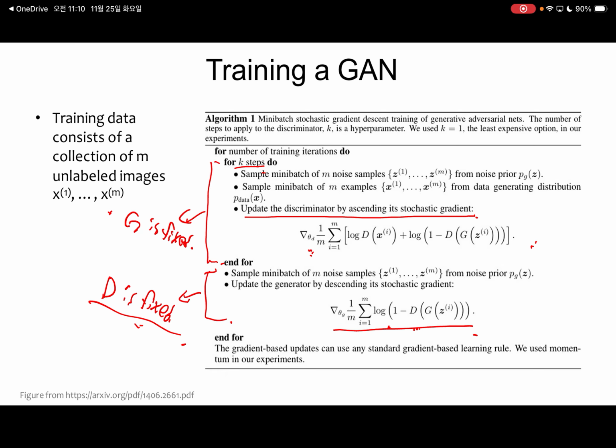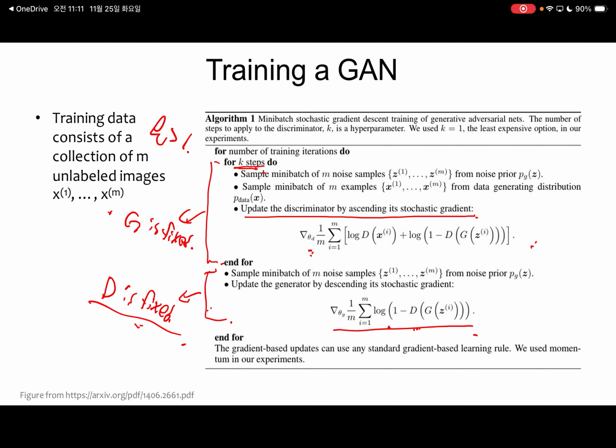And the k step means k is of course larger than 1. We need a very careful trade-off between discriminator and generator. If we set k too high, the discriminator is trained for many iterations while the generator is trained only a few, and the balance between them becomes a mess.